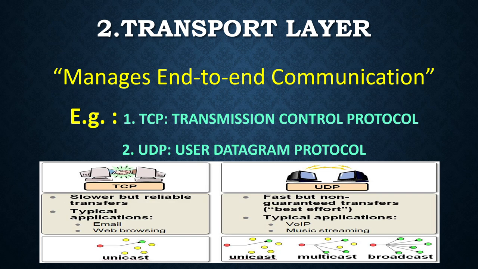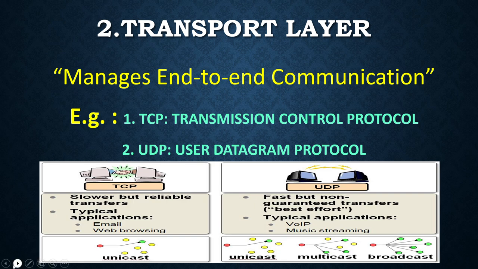So we are using UDP in the internet protocol. Next, music streaming, like Spotify and Gaana, also uses UDP. UDP supports unicast, multicast, and broadcast.